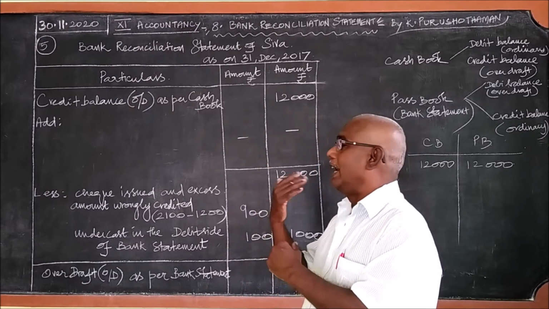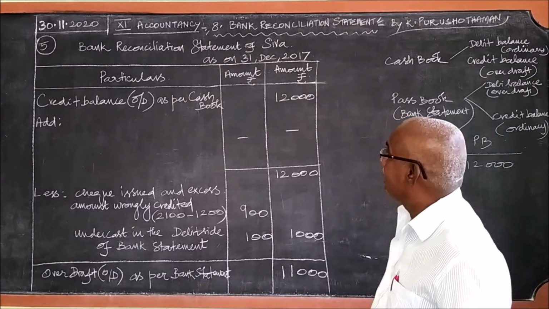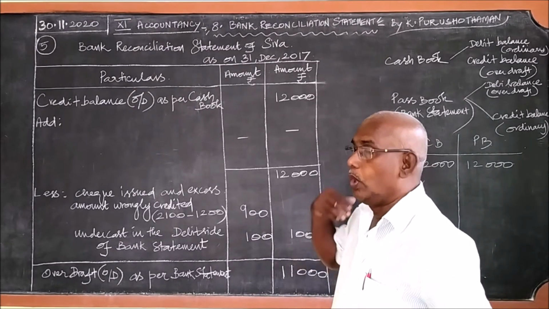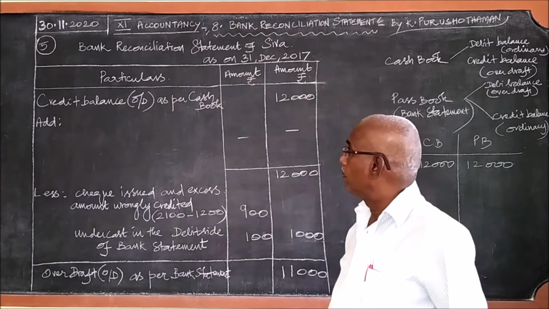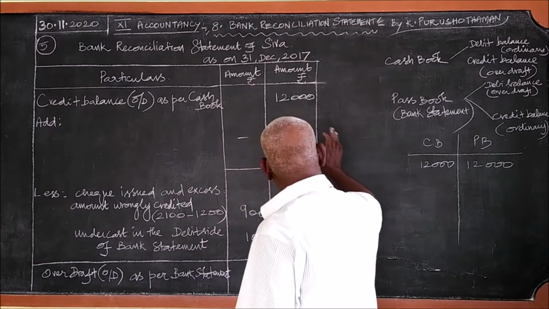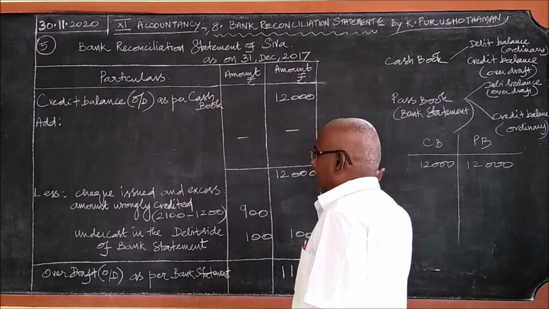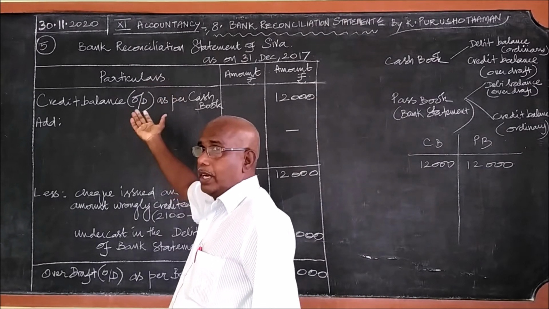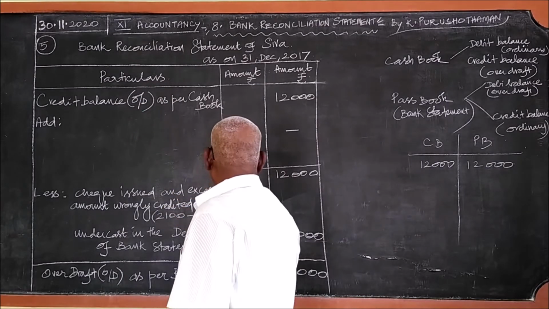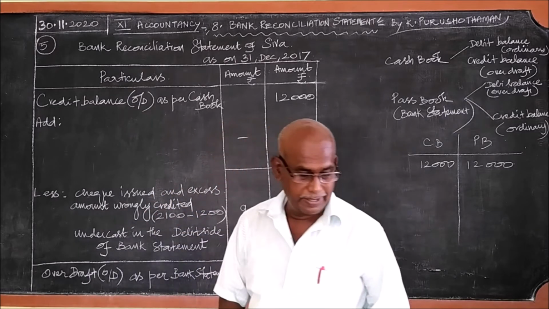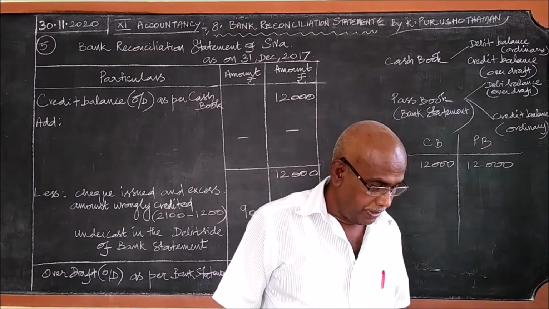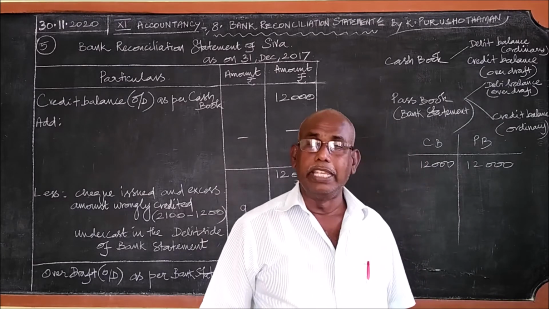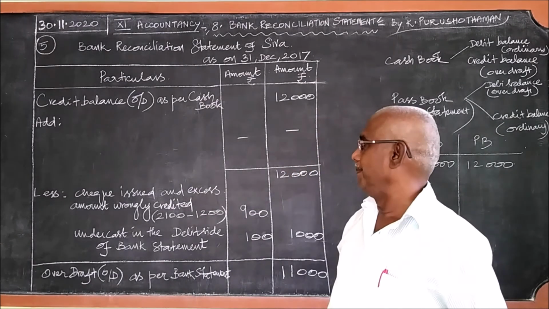But in case of overdraft, we should take the opposite rule. Since it is an overdraft, we should less it. Therefore, less 900.